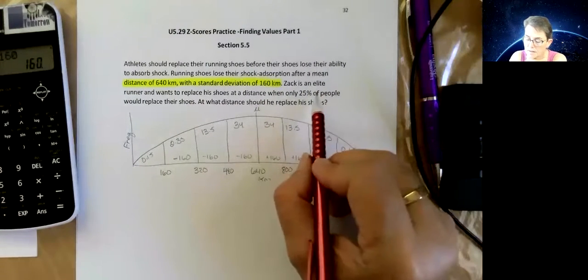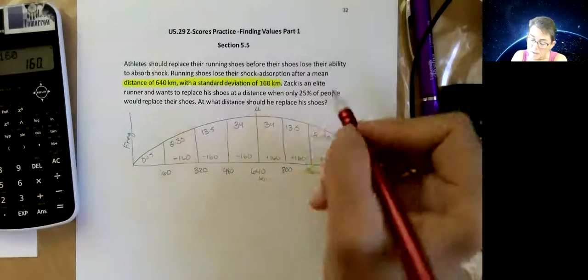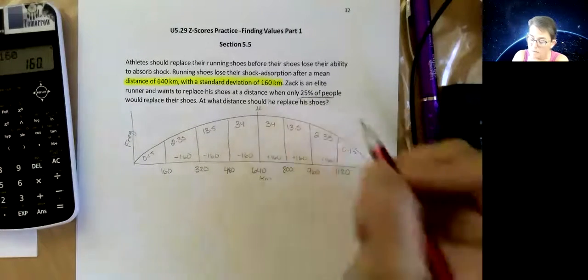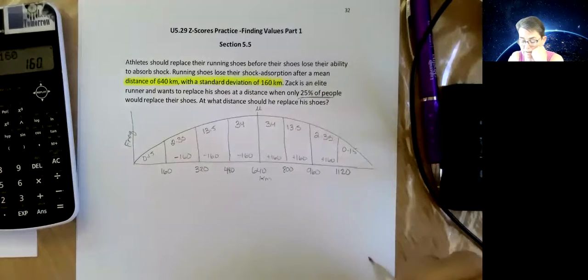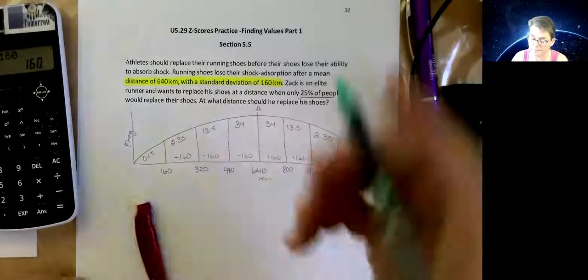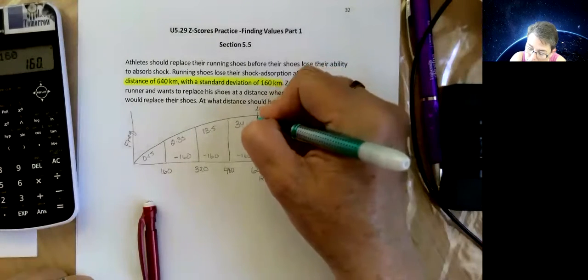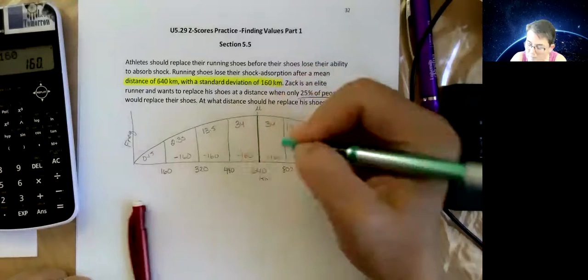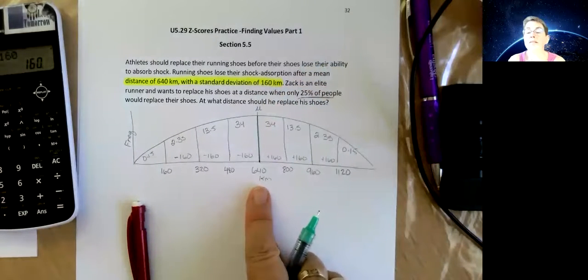So Jack is an elite runner and wants to replace when only 25% of the people would replace their shoes. Well, let's look at it this way. If he replaced it at 640 kilometers, that would be when 50% of the population replaces their shoes.